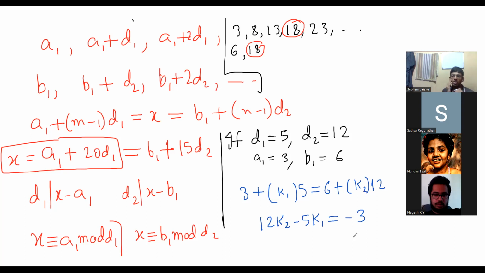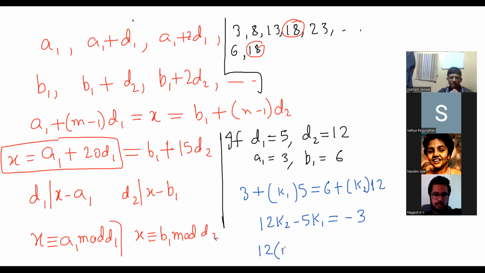You can just guess a solution. So guess some k2 and k1. It is already there. We already found it. It's that term. Just make a guess. Let's try. 4, 8.